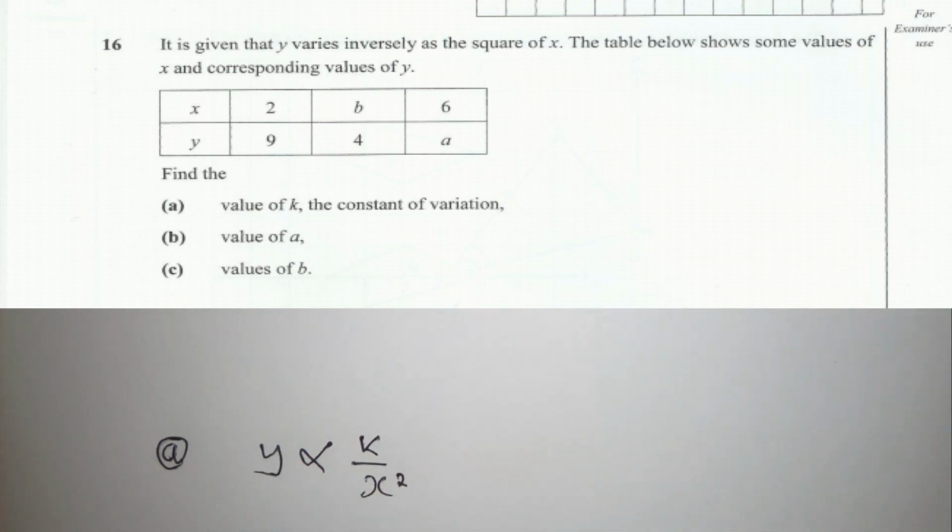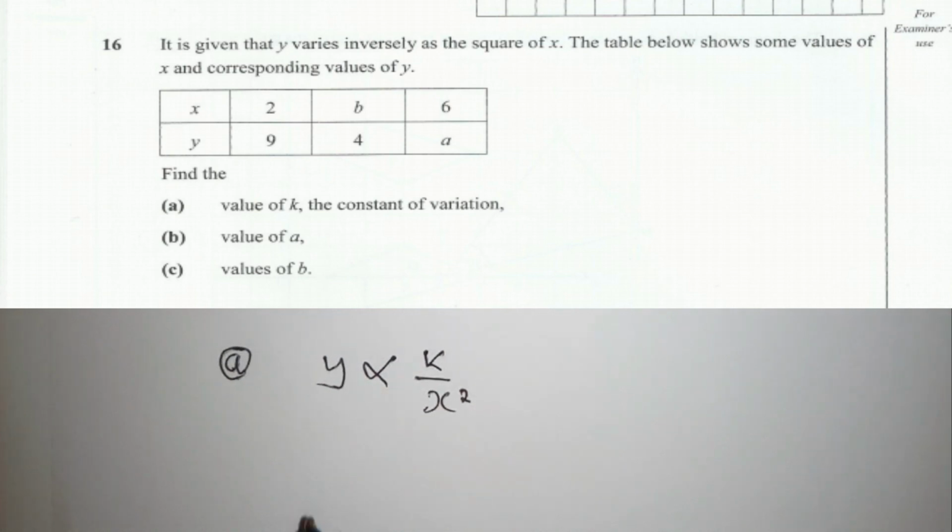Inversely means the x squared is supposed to be down, and then the constant k. So since we want to find the value of k, we're going to say y is equal to k over x squared.